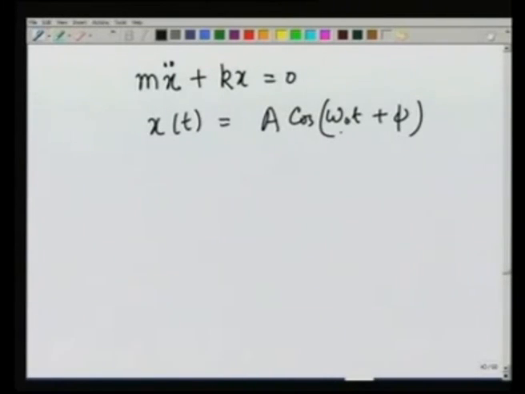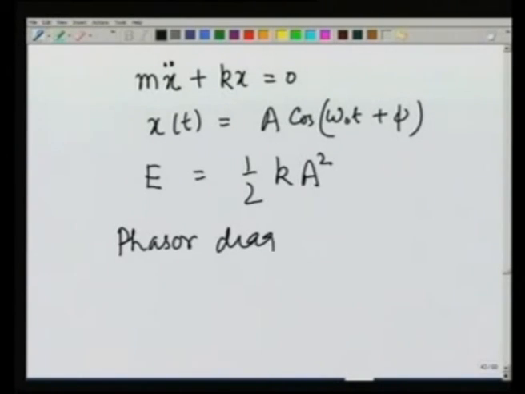The particle goes back and forth, or the system which has this kind of motion goes back and forth about an equilibrium point. The energy of the system is 1/2 k a square, and the motion can be described by a phasor diagram, which we will be using later in our analysis.